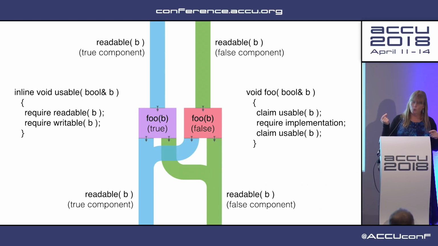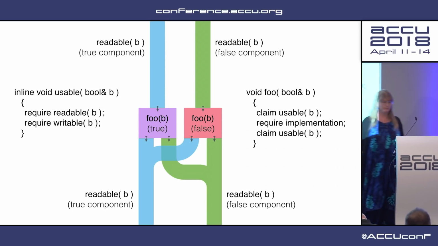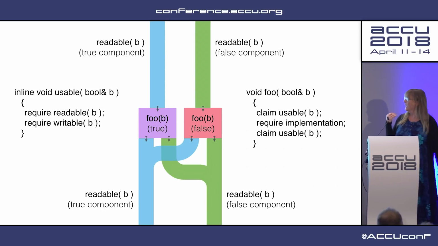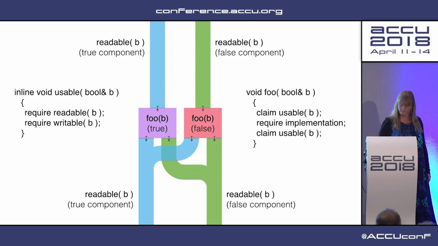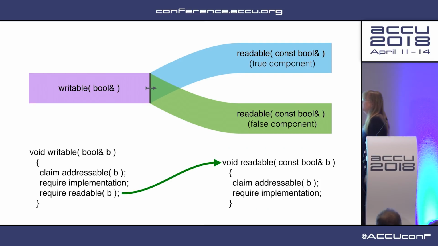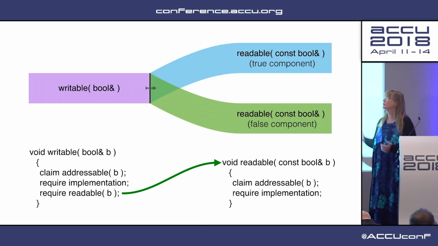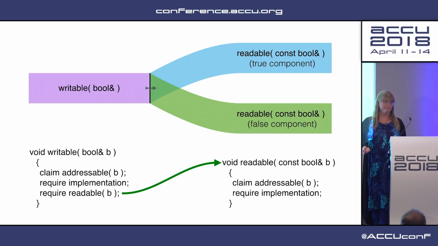So what sort of shape does writability have that lets us do this crossing over? And the answer, I think, is that writable is adjacent to both forks of readability.